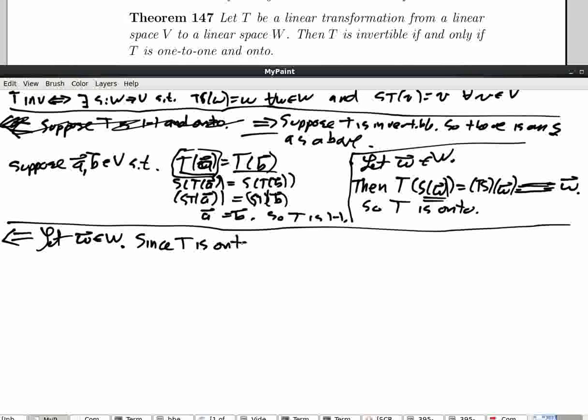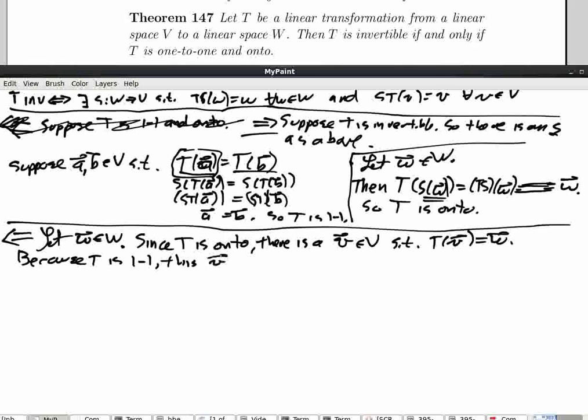And since T is onto, there is a v belonging to V such that T of v equals w. Because T is 1 to 1, this v is unique. It is the only way to get w back.